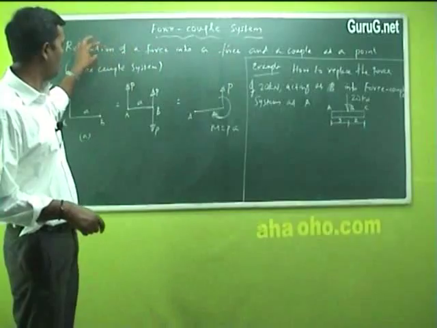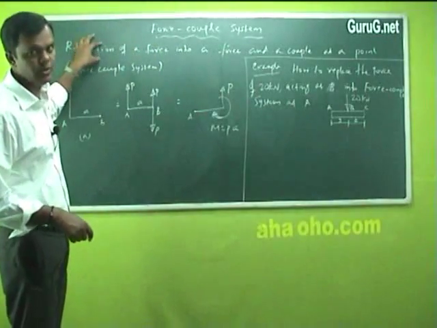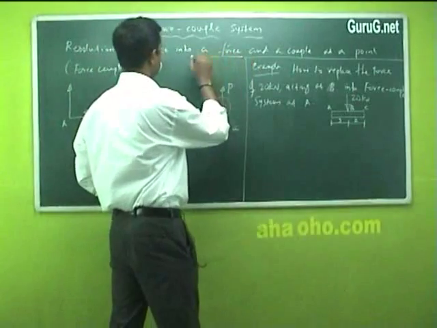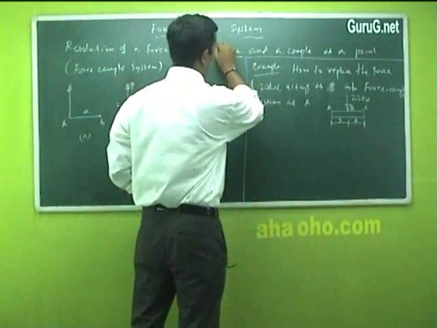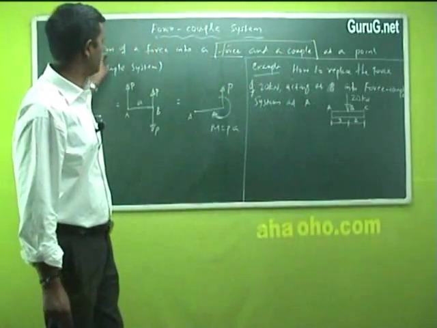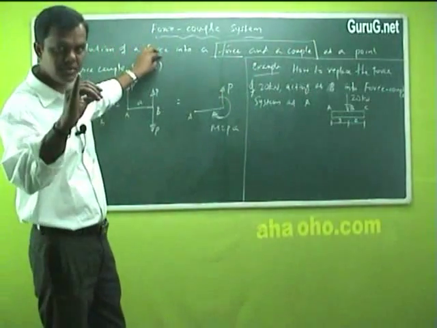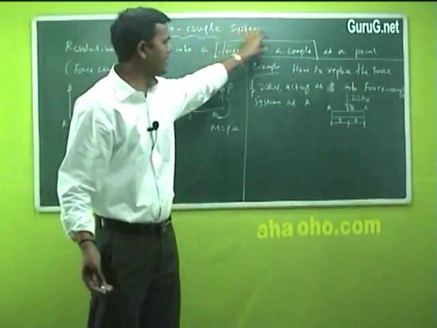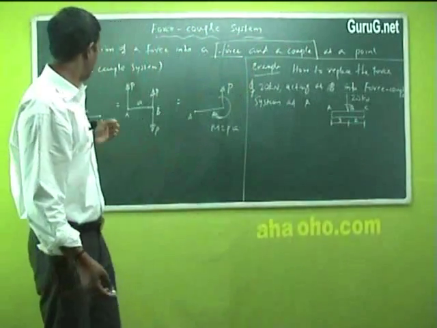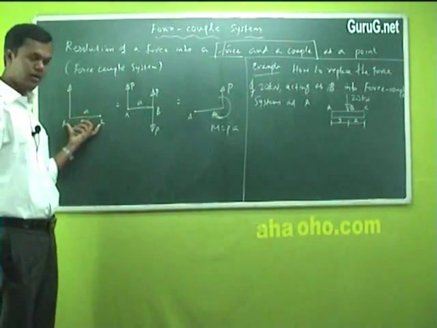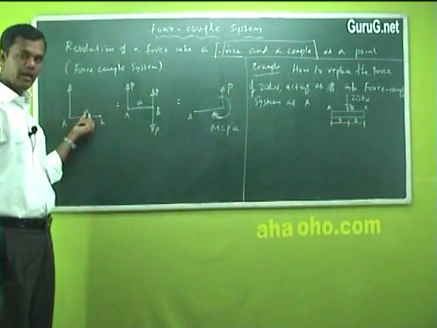Now here, to see how we resolve a force into a force and a couple. I'll just highlight this: a resolution of a single force, which is changed into a force and a couple. Now consider this points A and B of a rod, with distance small a.